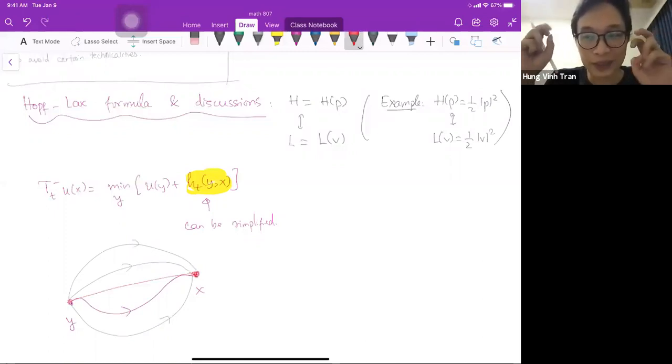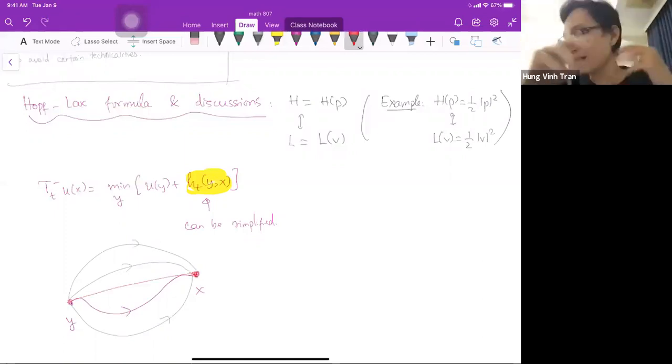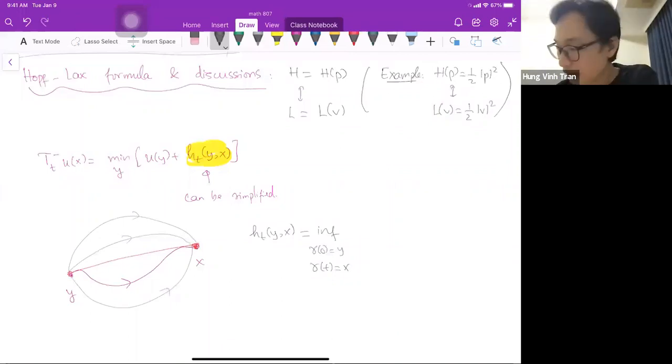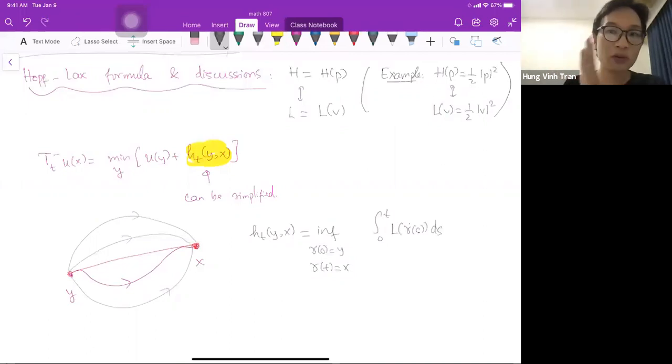I'm going to prove it in a twisted and modern language here. So I have h_t of (y,x) equals the infimum over all curves with gamma(0) equals y, gamma(t) equals x of the action functional, the integral from 0 to t of L of gamma dot of s ds. Again, there's no gamma of s here; it's spatially independent.